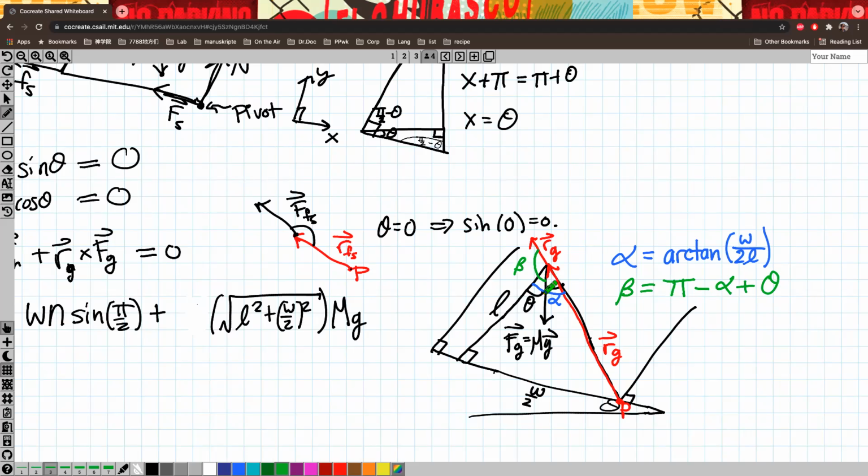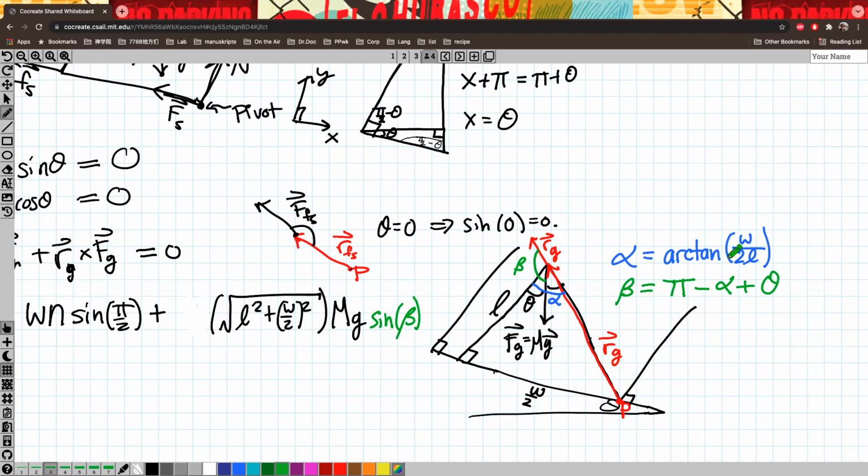All right. Does that make sense? Yeah, it kind of does. Okay. And then alpha equals that arctan. So the angle between the force and the r is equal to beta. So it's just sine of beta.